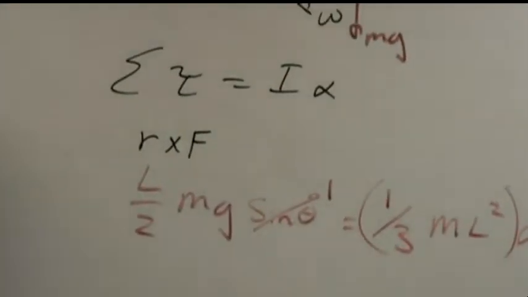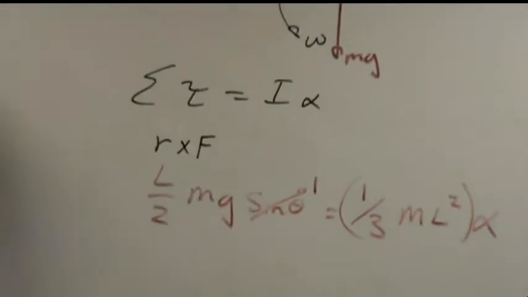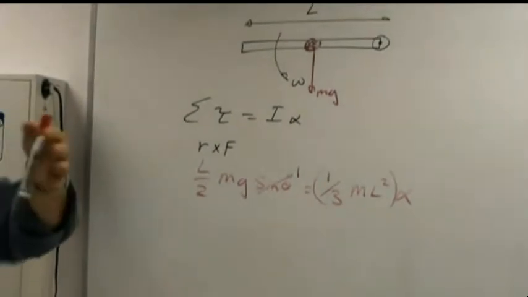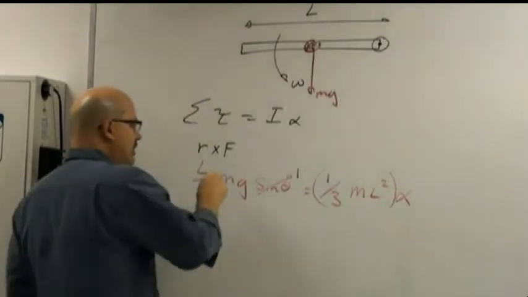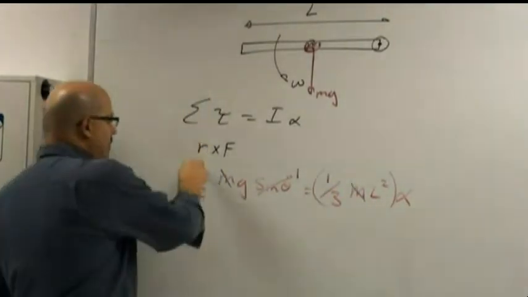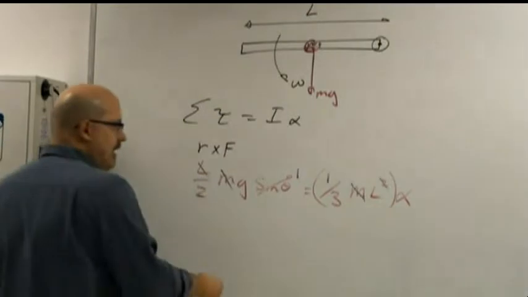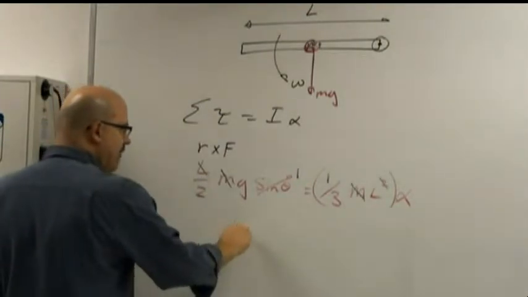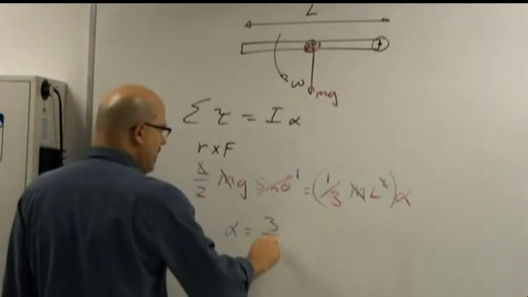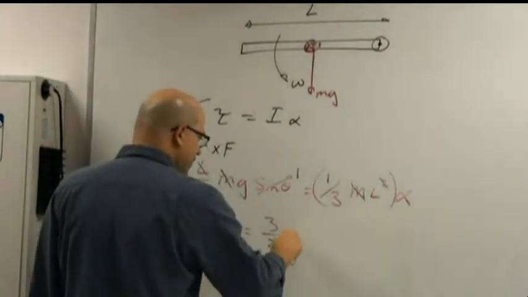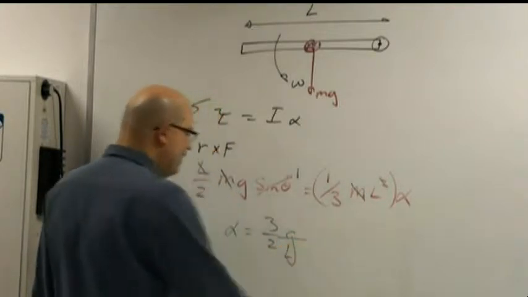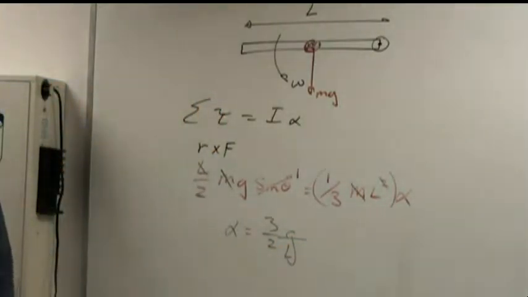Just like we build F equals ma, this one's a little harder to build because we have multiple torques equals moment of inertia times alpha. From this point on, all we do is cross stuff out, and we end up with alpha equals 3/2 G over L. 3G over 2L.